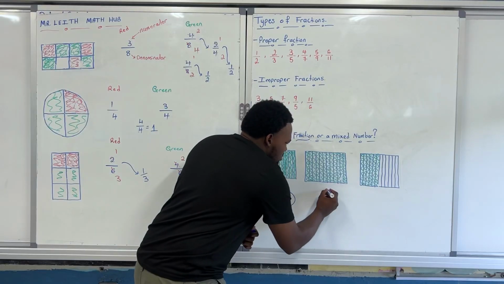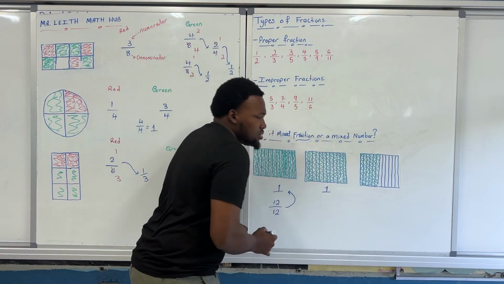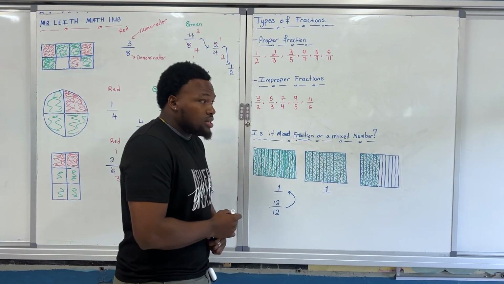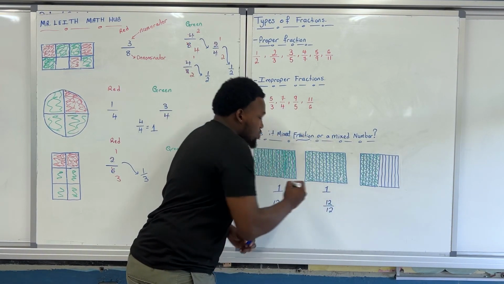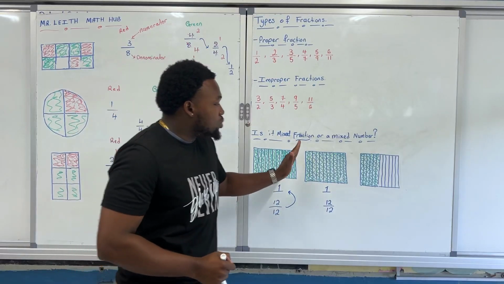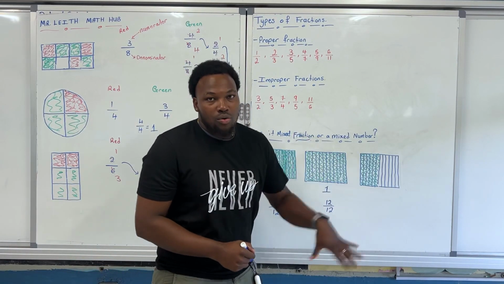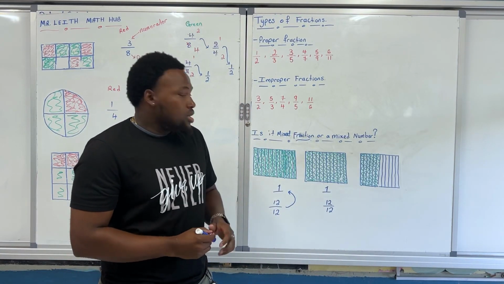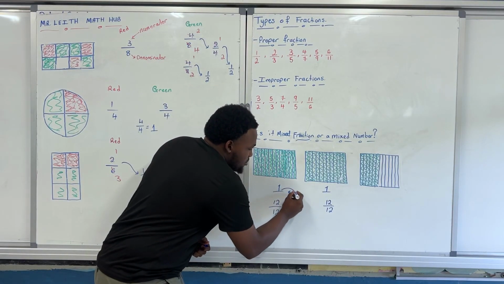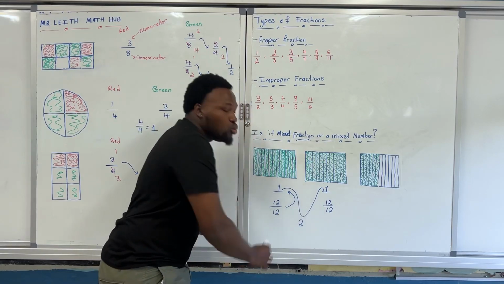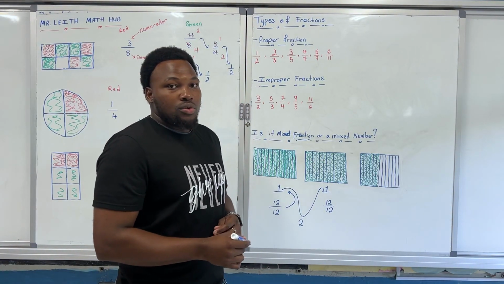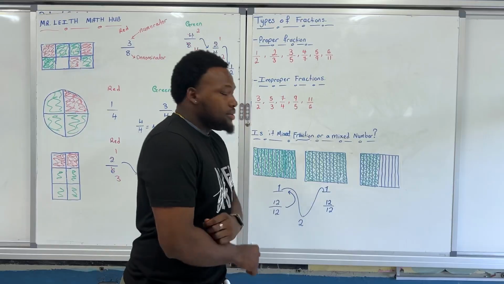Eat it off again. I eat the 12 out of the 12. I eat the 12 slices out of the entire bread. So now I've just eaten off 2 bags of bread. Cool? 2 bags of bread.